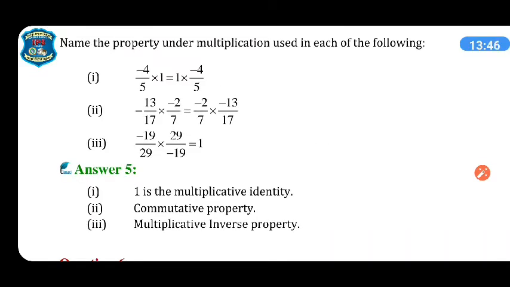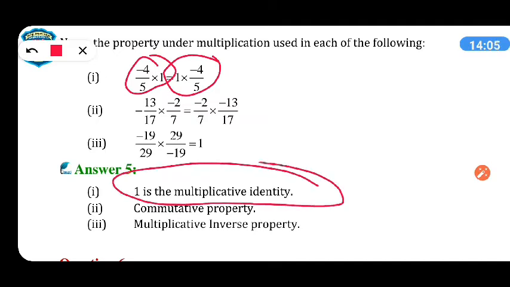The first part is minus 4 upon 5 multiply 1 is equal to 1 into minus 4 upon 5. See, multiply by 1. It is called 1 is the multiplicative identity.